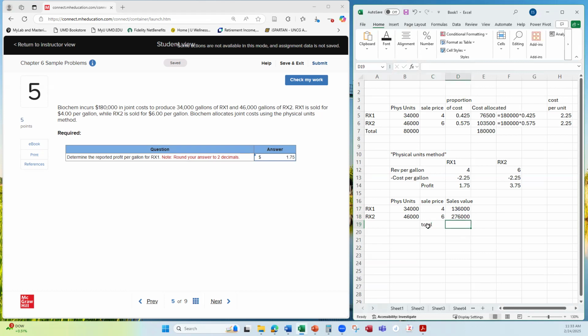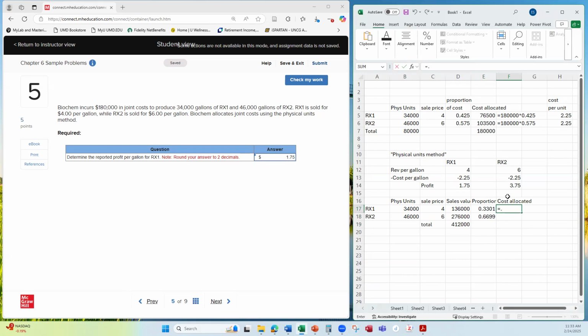So the total sales value here is 412,000, and the proportion is 136,000 divided by the total of 412,000, which is 33%, and then 276,000 divided by 412,000, so essentially 67%.